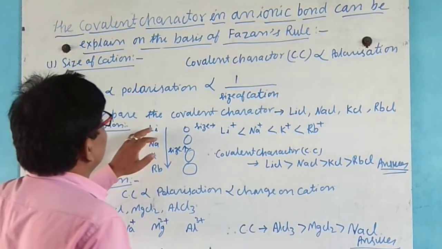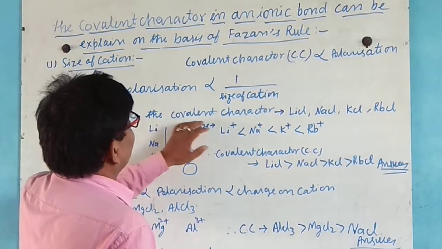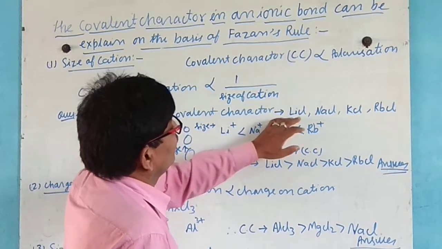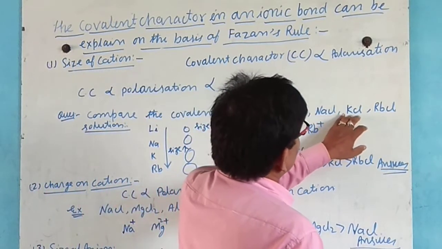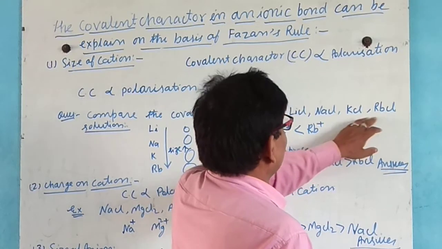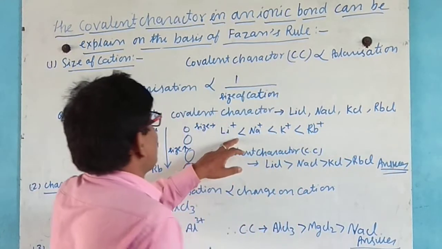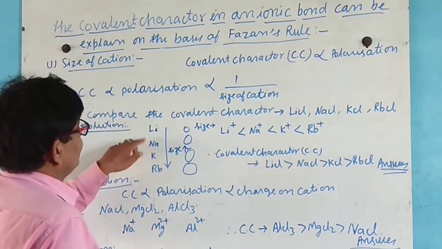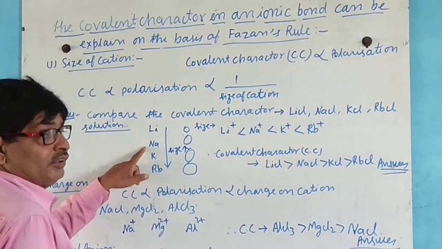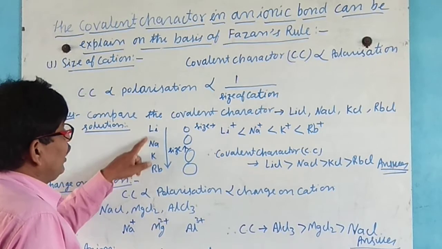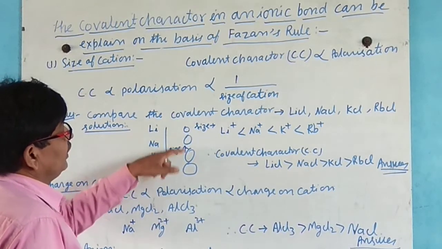Here, compare the covalent character of lithium chloride, sodium chloride, potassium chloride and rubidium chloride. Here lithium, sodium, potassium, rubidium: as we move top to bottom, their size increases.